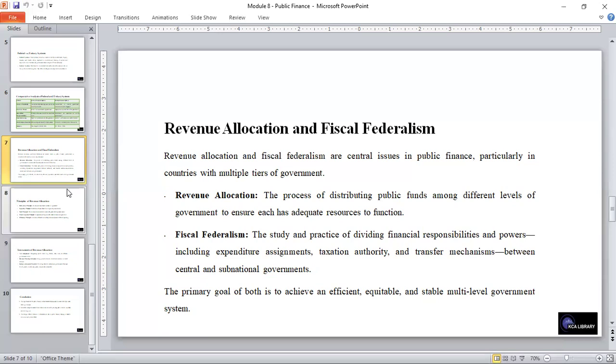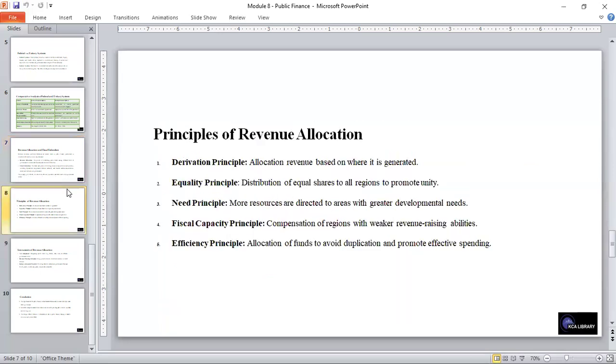And fiscal federalism is the study and practice of dividing financial responsibilities and power, including expenditure assignments, taxation authority, and transfer mechanisms between central and subnational governments. The primary goal of both is to achieve an efficient, equitable, and stable multi-level government system.